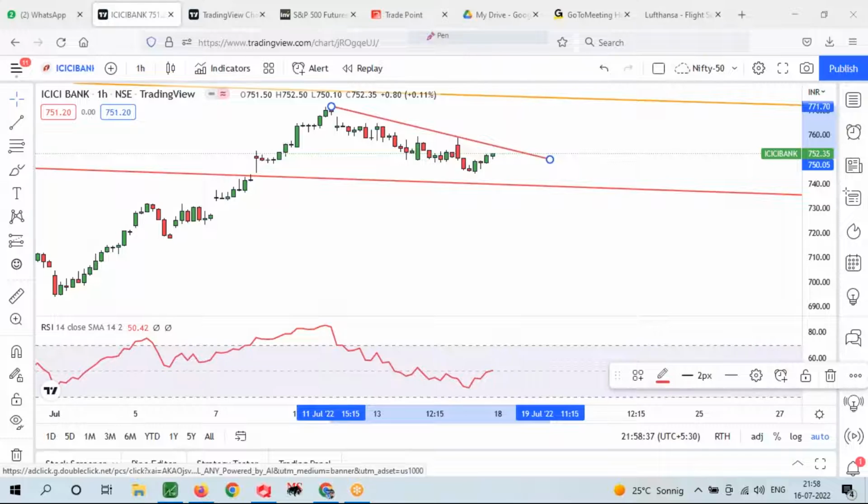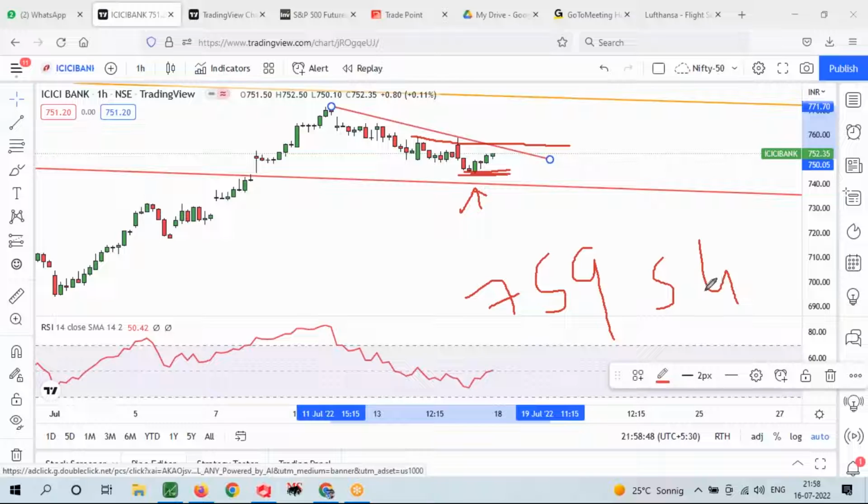Then you can either buy above this high. If you are conservative, you can keep this as a stop loss. Buy above 759, stop loss 744. That is Friday low.